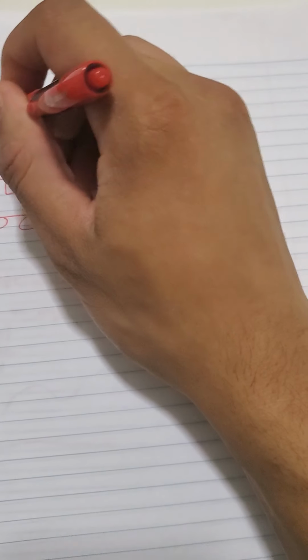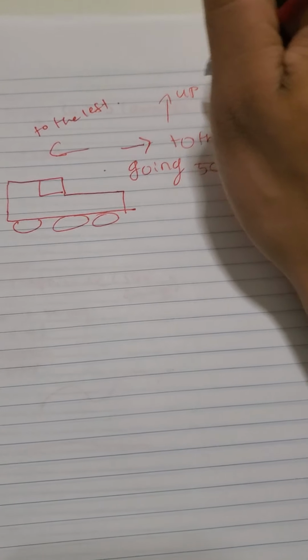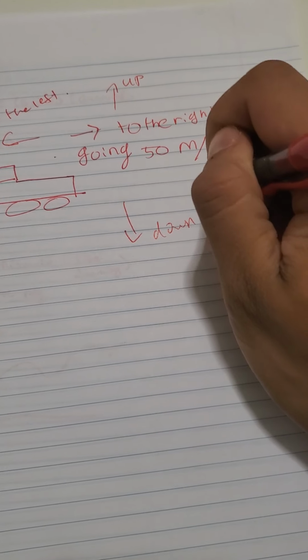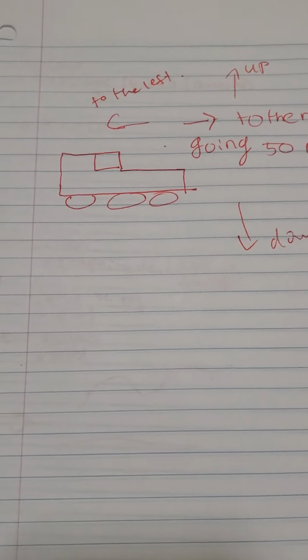Oh, sorry guys, you can't see that. To the right, or to the left, or up, or down, or north, and so on and so forth. That's a vector. A classic physics example is a ball is thrown 50 meters to the right. What is its acceleration?